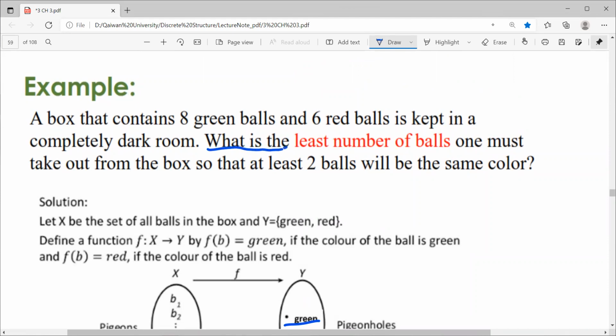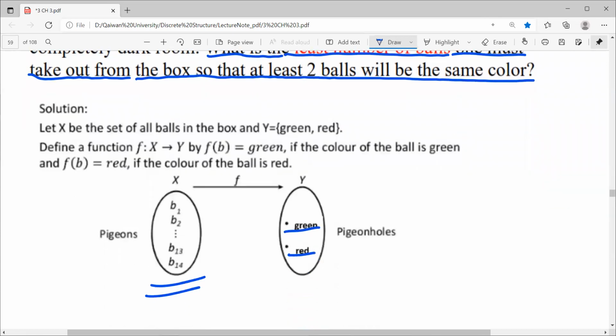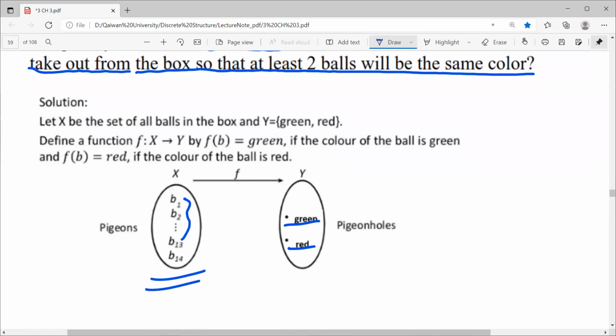What's the least number of balls one must take out from the box so that at least 2 balls will be the same color? That means how many balls should we take such that 2 of them have the same color?